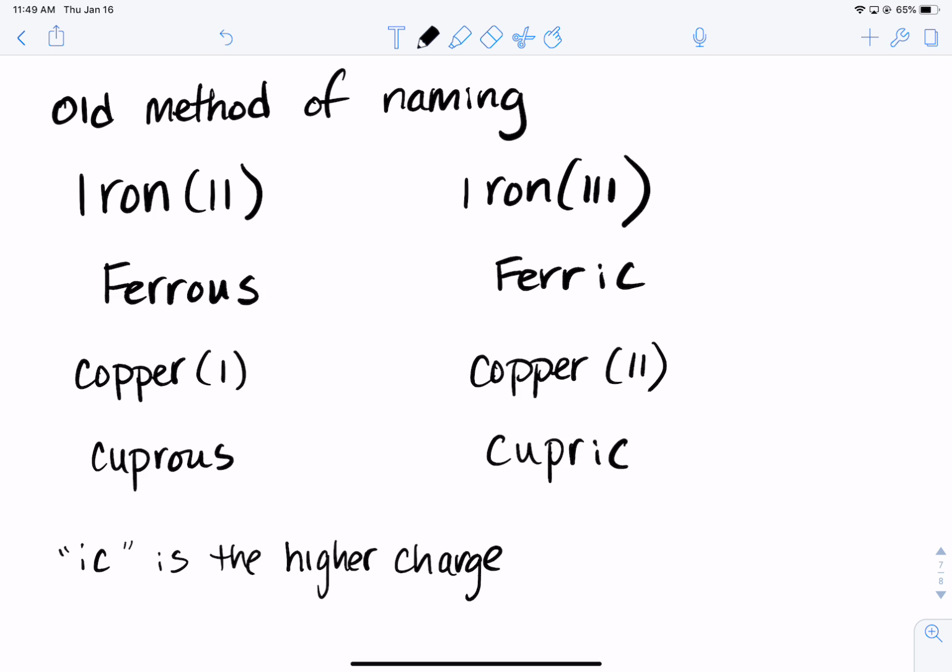You'll see it both ways. So ic is the higher charge compared to ous. Ic and ous are endings that represent the charge. If you're doing the old school naming, you don't use a Roman numeral. If you do the new form of naming, you use the Roman numeral after the cation name.